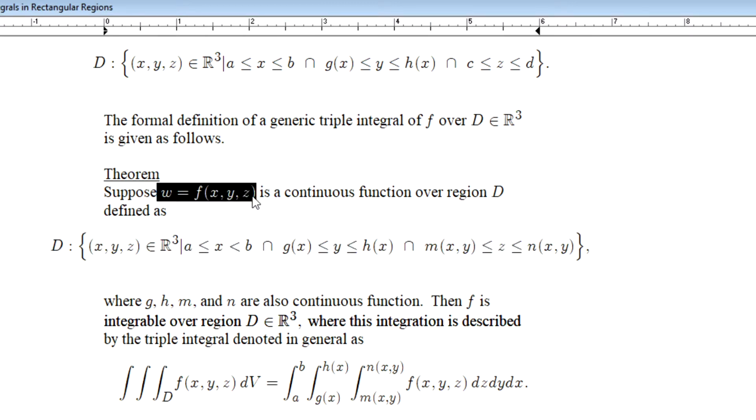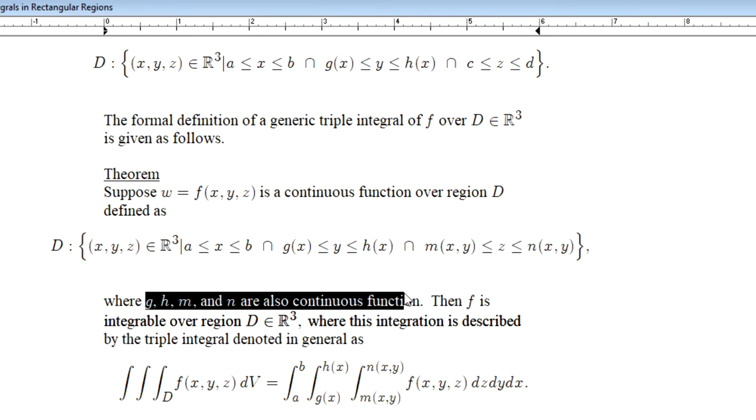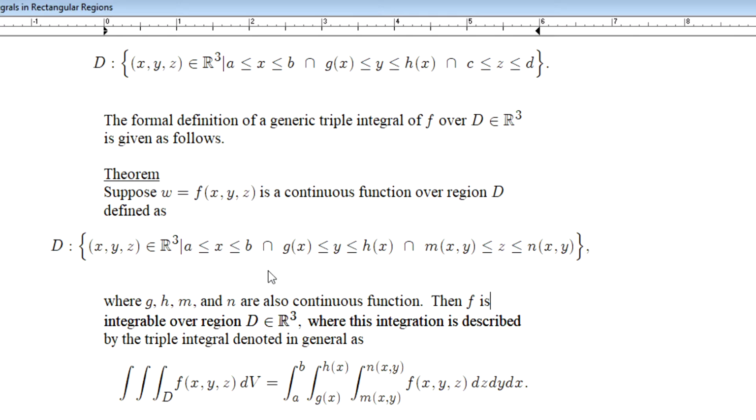Here in our theorem, we are assuming that we have this multivariable function contained in 4-dimensional space that is a continuous function over this region D defined in 3 dimensions, where D is this set of points in 3 dimensions, where we're looking at the intersection of values of x between a and b, values of y between functions of x, g of x and h of x, and values of z between functions of x and y, m of x,y on the lower end and n of x,y on the upper end, where these functions g, h, m, and n are themselves also continuous functions, right?